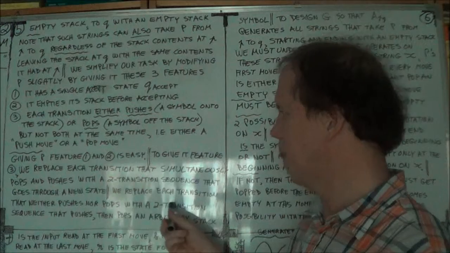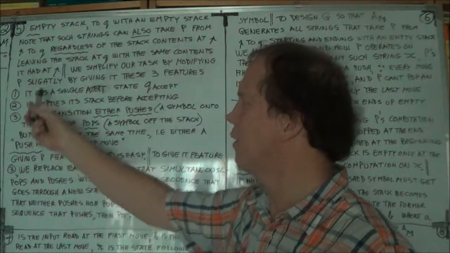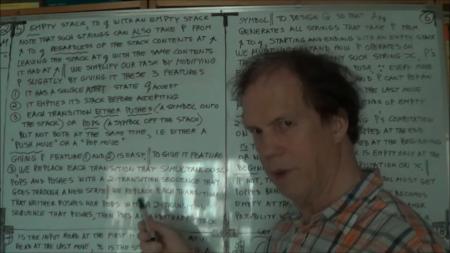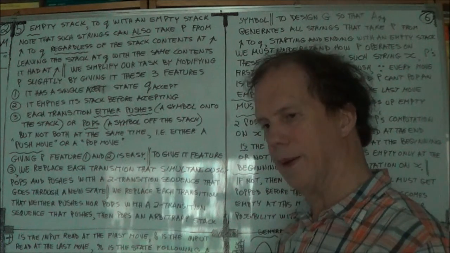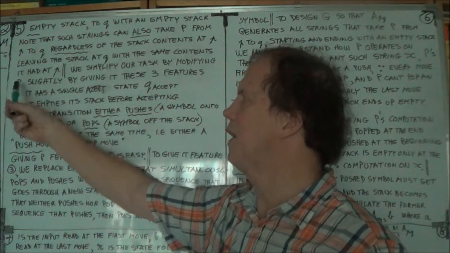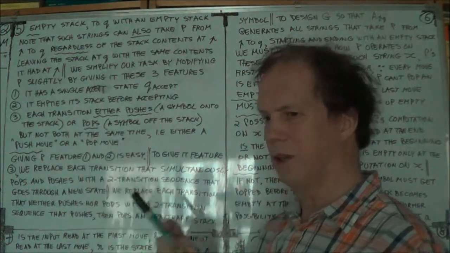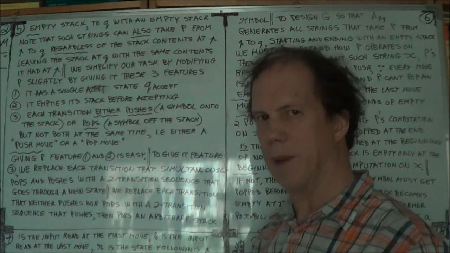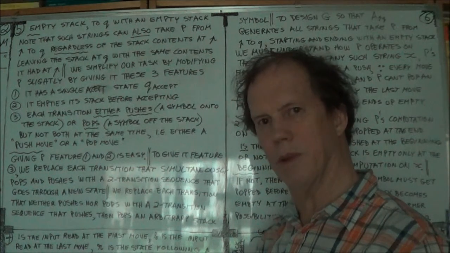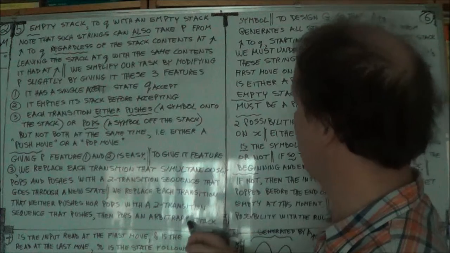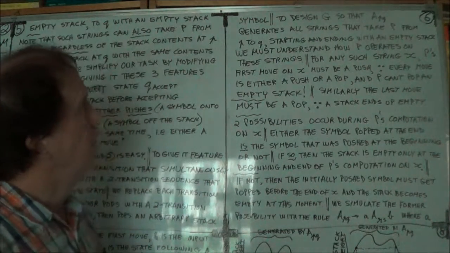So if you have a transition in your original P before you modified it that neither pushes nor pops, well, you can use this modified machine, P dashed if you like, and have it push and pop a dummy symbol, an arbitrary stack symbol. So that would be the same. All right.